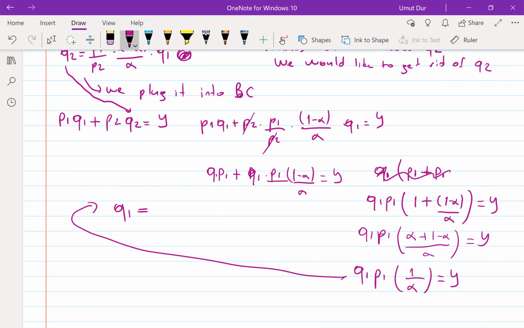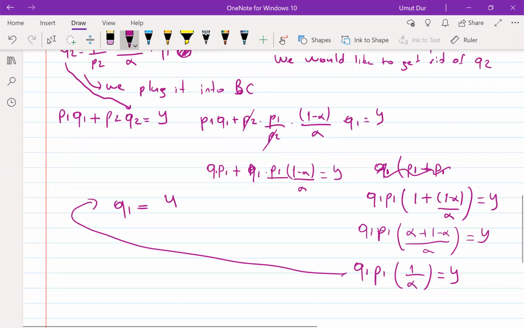Q1 is equal to, taking all the other terms to the right hand side, Y over P1 times alpha.